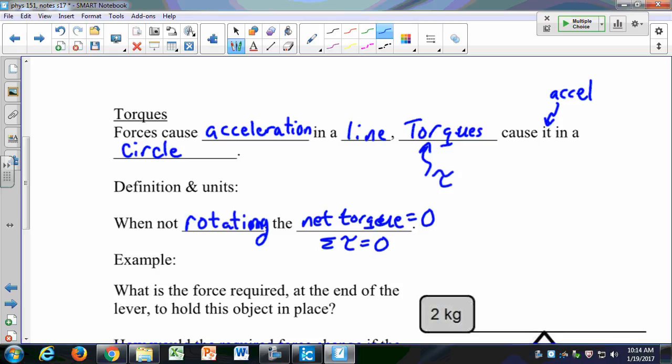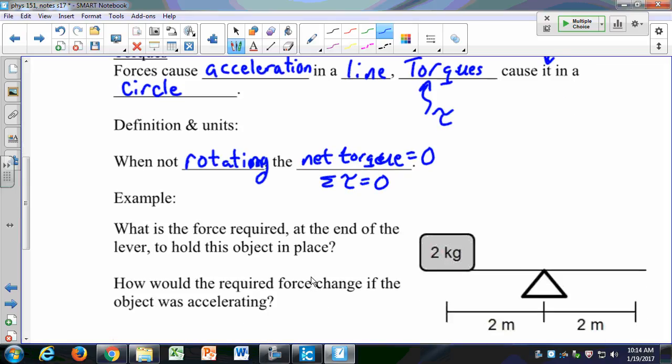So our torque is equal to the force times the length of the moment arm. Say, for example, I have an object. It's allowed to rotate about this point. I apply a force at this point. Let's say I apply 2 newtons, and I have a distance here of 3 meters. My torque here would be equal to 2 newtons times 3 meters.